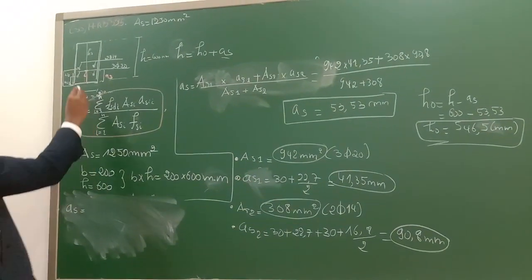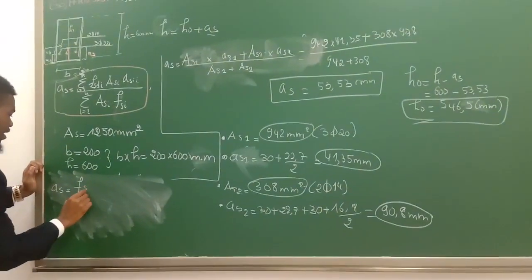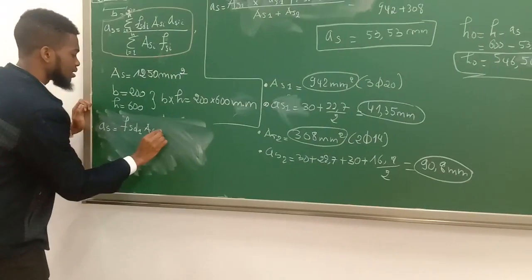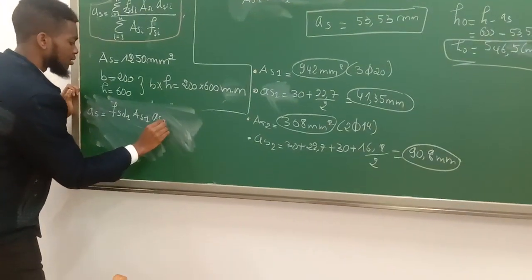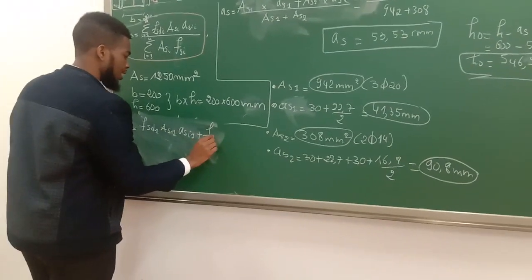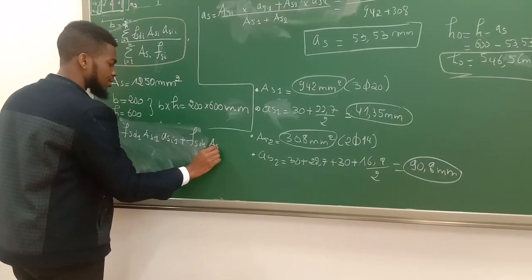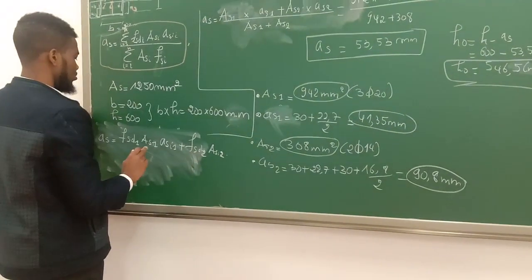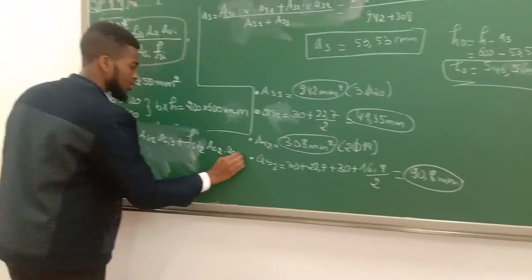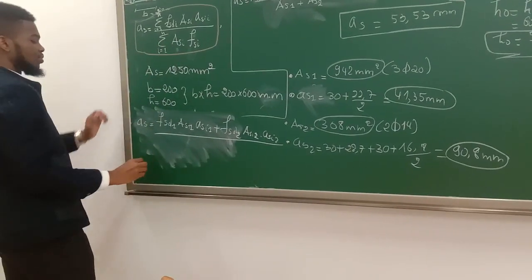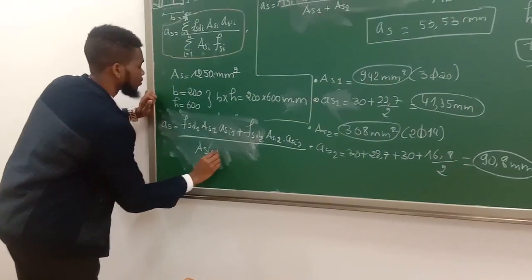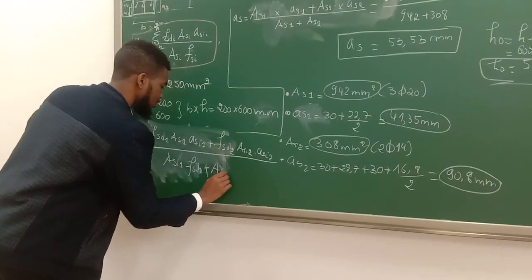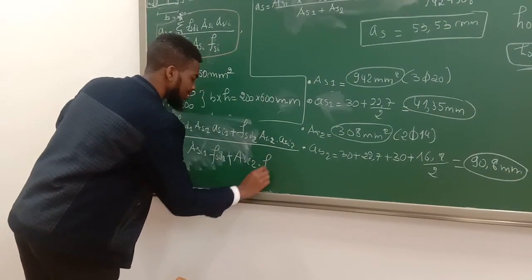Here we have 2 lines, which means that we have FSD1, RSE1 plus FSD2, RSE2, divided by RSE1 multiplied by FSE1 plus RSE2 multiplied by FSE2.